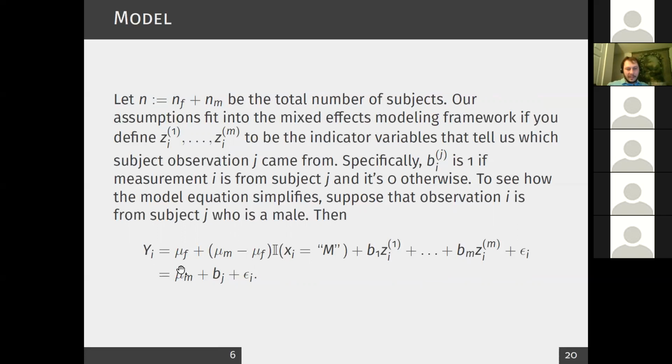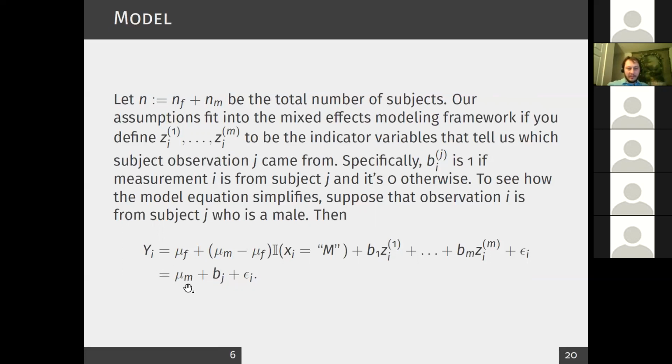The thing to look at is to go straight down here and you say the ith blood pressure measurement, assuming that it came from subject J, who is a male.